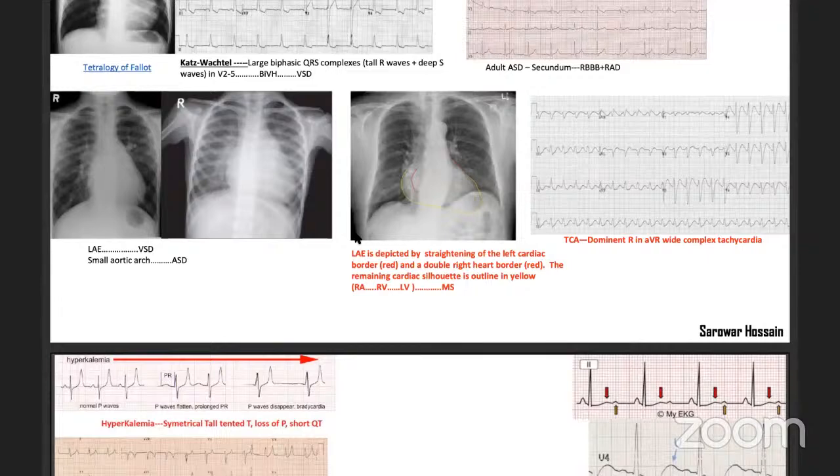Aortic regurgitation, because the apex has gone far too much down. In mitral stenosis, the apex will not be that far out. In pure mitral stenosis, the apex will be in the fifth intercostal space, just half an inch or 1 inch outside the midclavicular line. But this apex has gone far too much down. There has to be an associated disease.